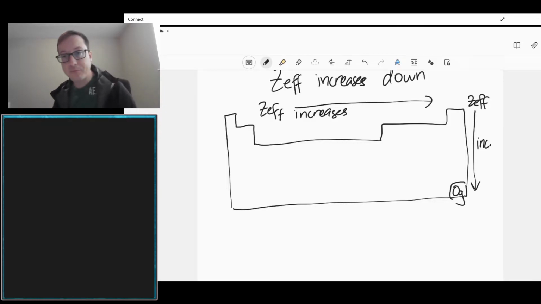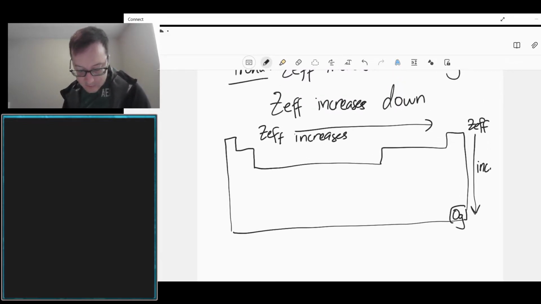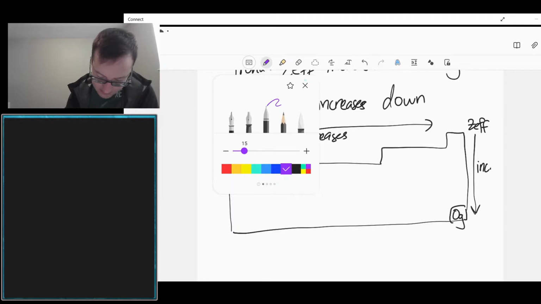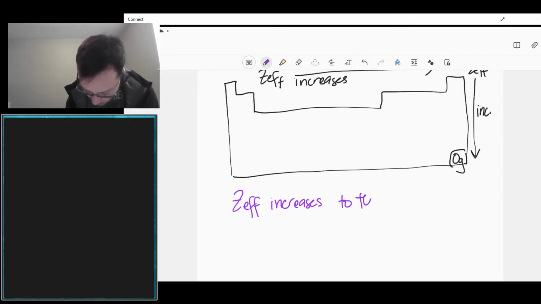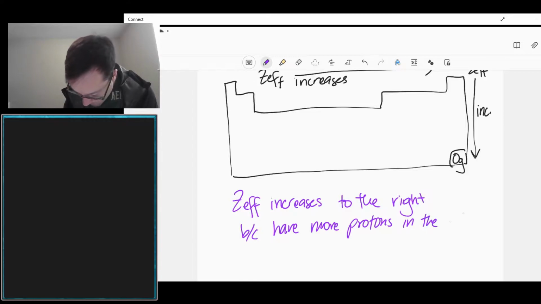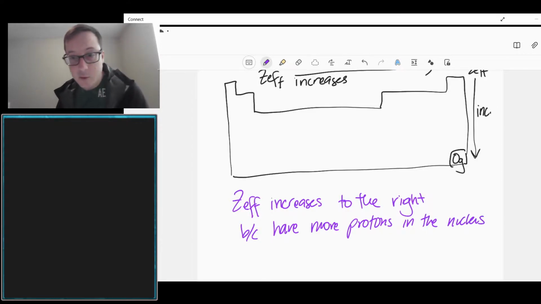The reasons for that, of course, we simply have more protons in our nucleus with the same shells, so things get pulled closer. Things are felt more because we have more protons as we increase left to right. And let's write these down. It increases to the right because we simply have more protons. So more protons in your nucleus means bigger charge, right?